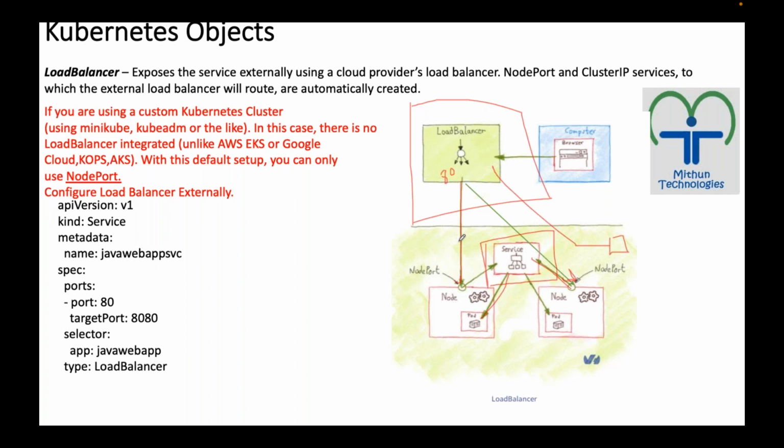You don't need to send the traffic outside the cluster. Internally, one application can communicate with another application with this one. But external customers, like end users, can they use this external load balancer? Yes. So the request comes to the load balancer, to the nodes, to the service, to the pods.